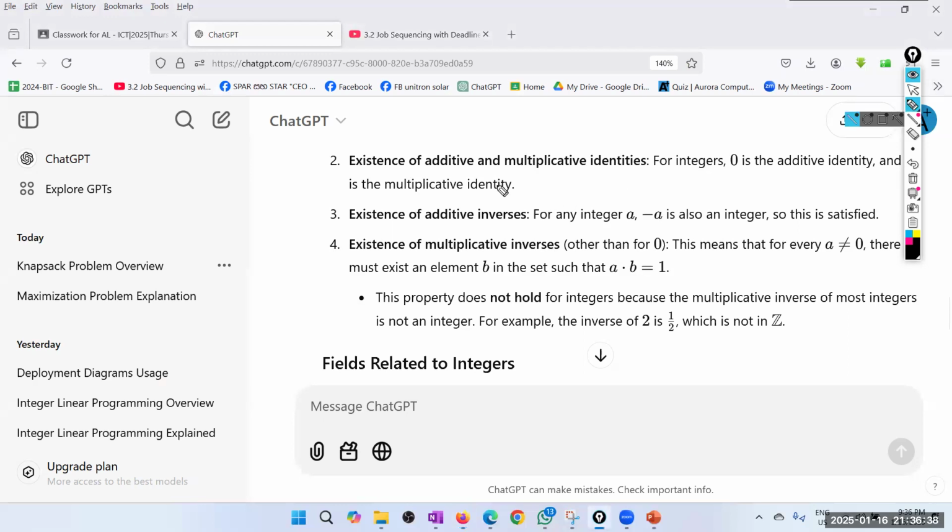That property is not satisfied. Because that means if I have a number, when you multiply that number by its multiplicative inverse, you must get 1. If it is 5, it must be multiplied by 1 over 5 to get 1.